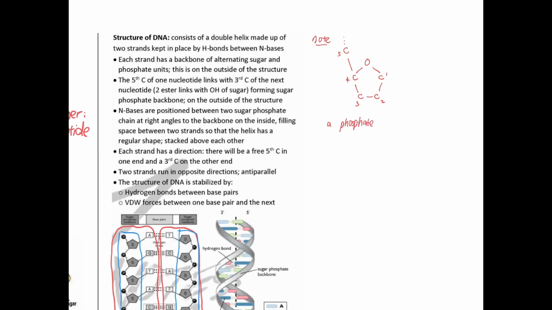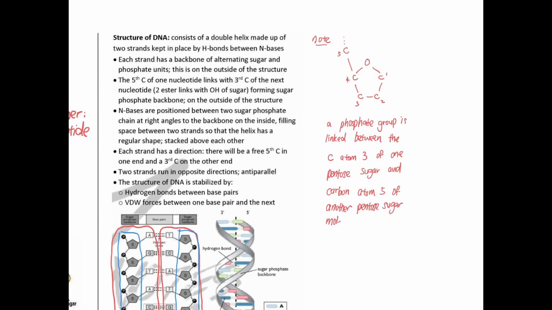Phosphate group is linked between the carbon atom 3 of 1 pentose sugar and carbon atom 5 of another pentose sugar molecule.